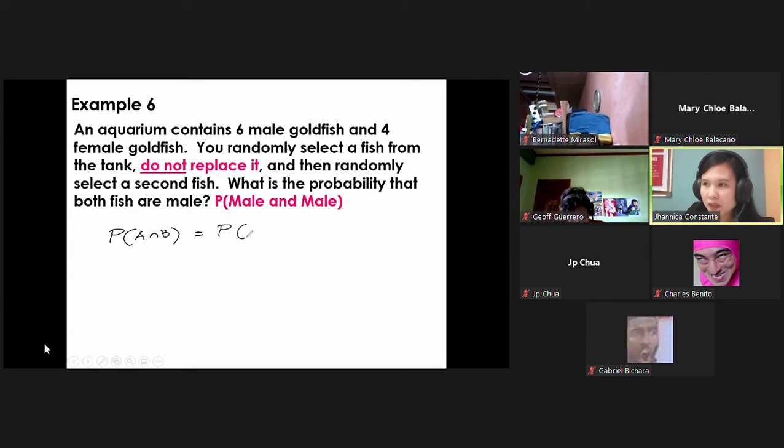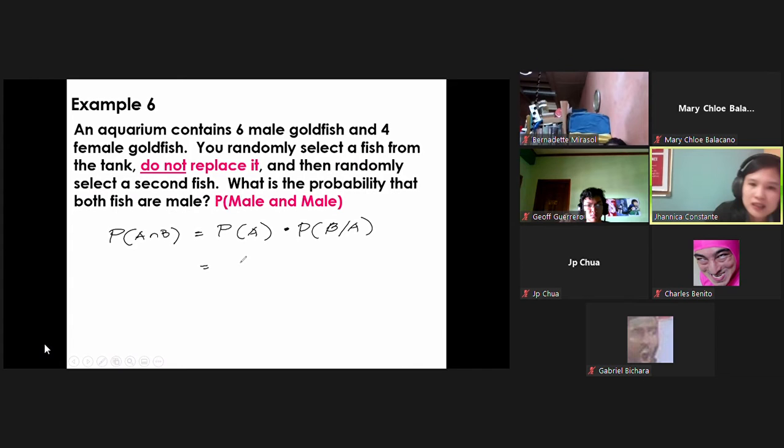So probability of the first event multiplied to the probability of our second event. So probability of the first event, kung the original number of goldfish in the aquarium is 10, so 10 pa rin siya in the first event. And the number of male in the aquarium is 6.